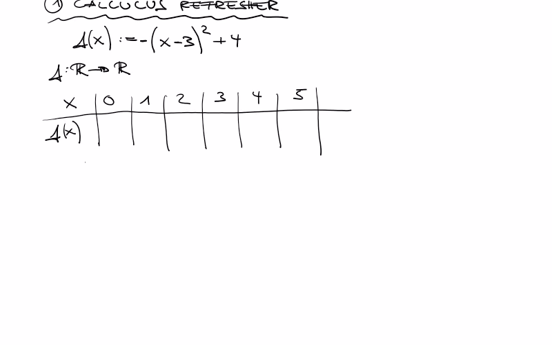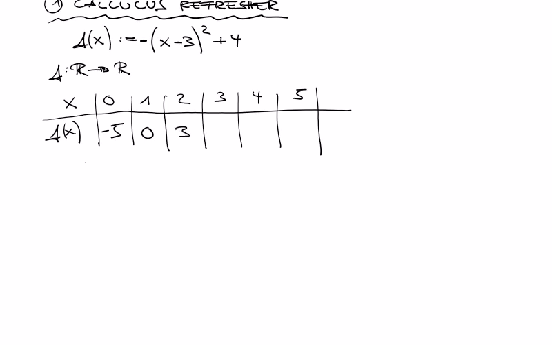-5, I guess, no? 0 minus 3 is minus 3, squared, and then with the minus and plus 4, it is -5. Okay. 1? 0, because this is 2, yeah. 2? 3?